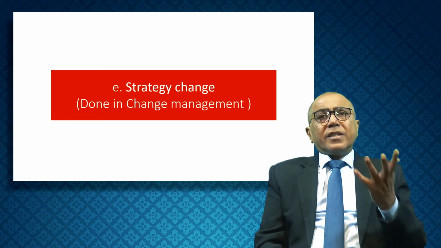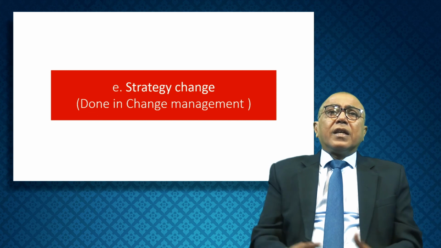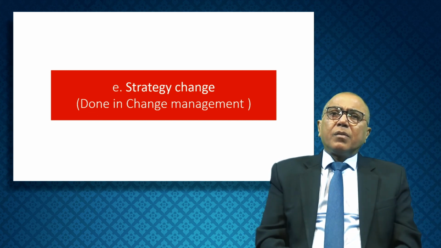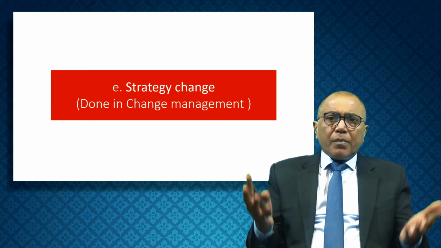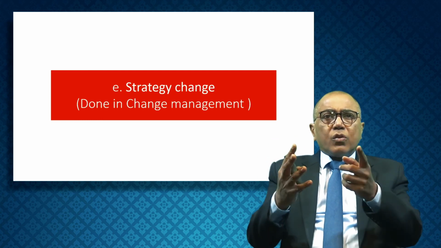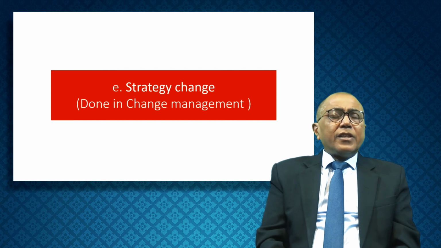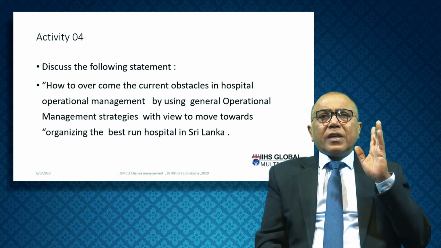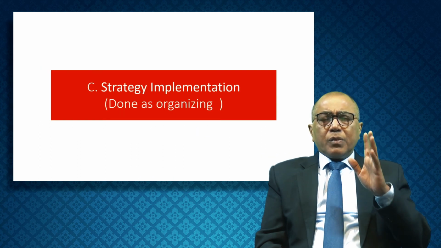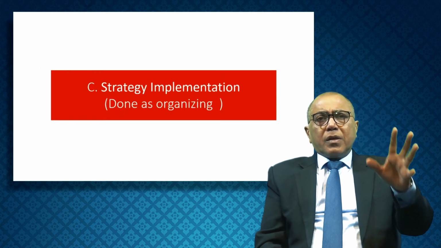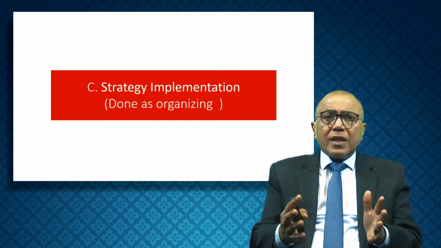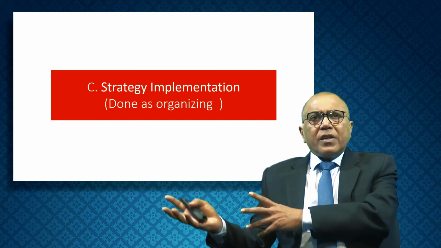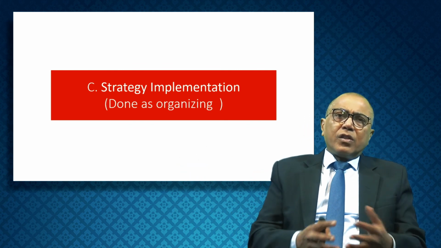Then strategic change. Once you do this beautiful plan, it will not be effective, because you have to change the environmental organizational culture. So this will be done as change management. Going back, we looked at the management, and the management process as planning, organizing, leading, staffing, and then evaluating or monitoring.